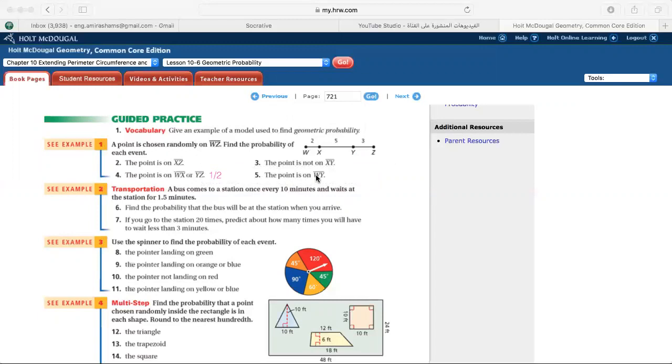The point is on WY. WY is equal to WX plus XY, which is equal to 2 plus 5, which is equal to 7. So it is equal to 7 over the total, which is 10.